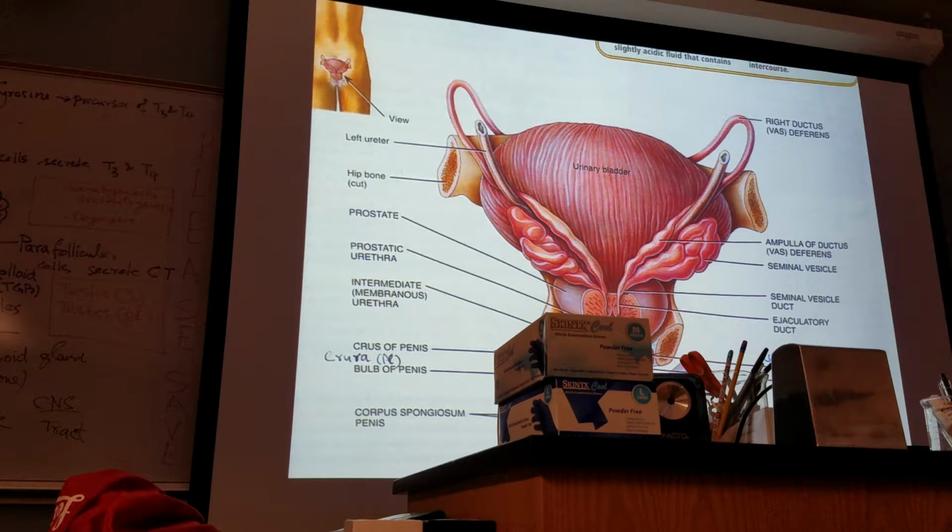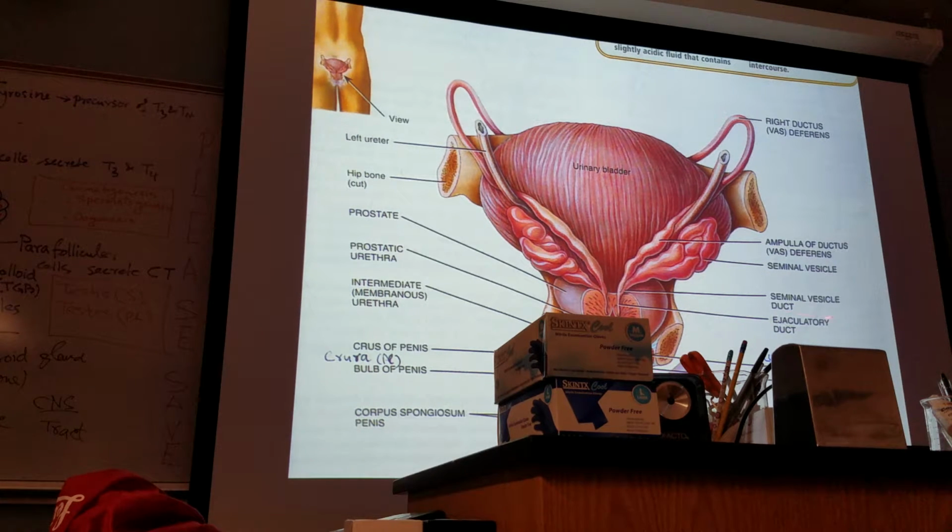Seminal vesicles contribute most of the seminal fluid. Seminal vesicles secrete fluid, about 60% of the volume of semen, containing alkaline substance, and also the food for sperm. The food for sperm is fructose, a hexose sugar.